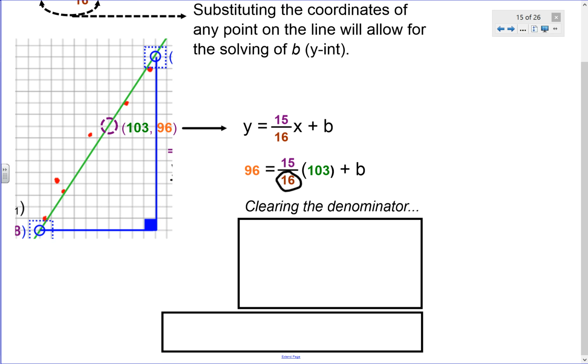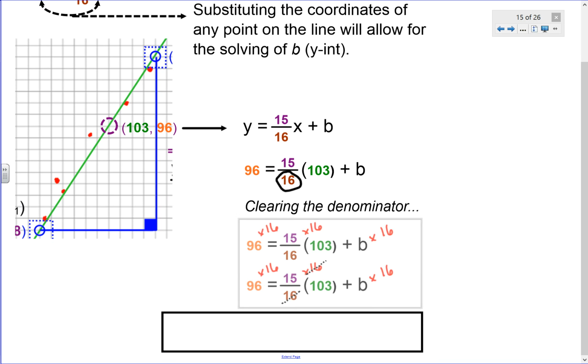If I want to clear division by 16, or find its inverse, doing the inverse means to multiply by it. So notice that every term gets multiplied by 16. And then 16 cancels, meaning we're left with 1 over 1, as 16 divides into itself one time. So the equation cleans up as the following.